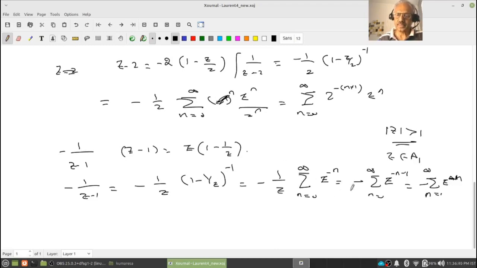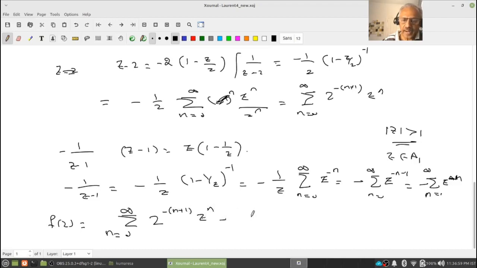Are all of you happy now? So my f of z is therefore given as the sum over n equal to 0 to infinity of 2 to the power minus of n plus 1 z power n, and minus the sum of z power minus n, n equal to 1 to infinity.